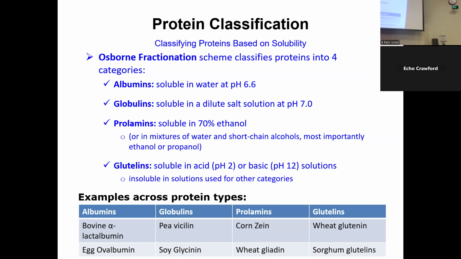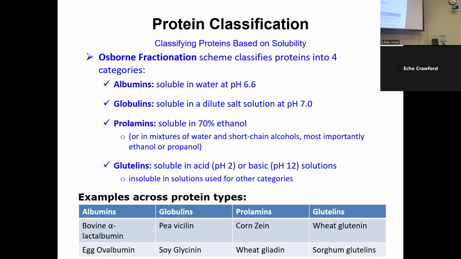Examples of these proteins: albumins, mostly in plant proteins, are mostly enzymes and enzyme inhibitors or cofactors. But if we talk about animal-based albumins, examples are alpha-lactalbumin and egg ovalbumin. They are soluble in water. Globulins, there are so many different globulins, but examples are vicilin, soy glycinin. You will hear about those a lot later on. Prolamins, of course, you're familiar with wheat gliadin, and corn zein is also a prolamin.